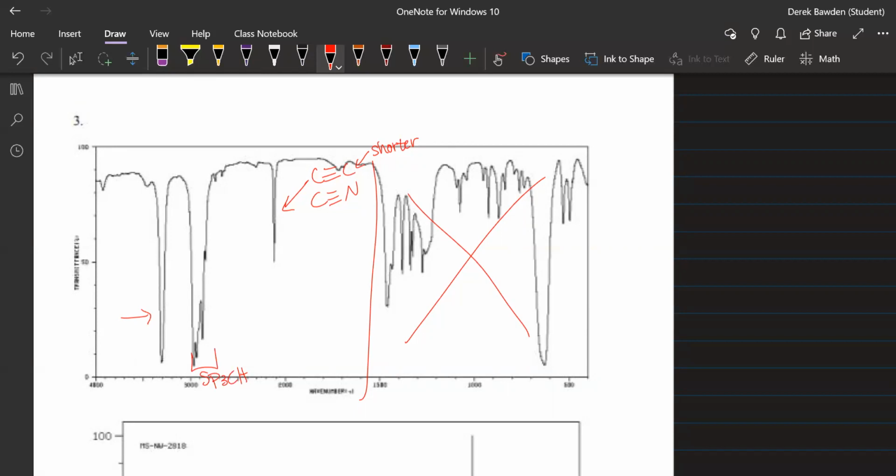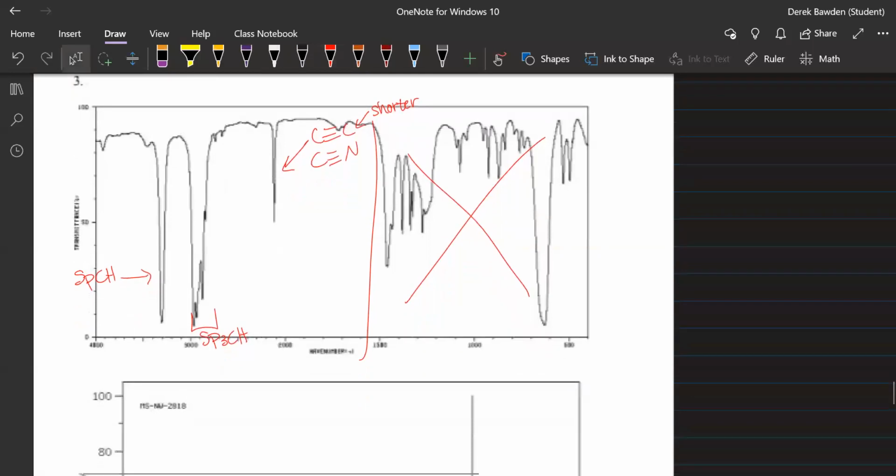Yeah. Nice, perfect. SP CH is a terminal alkyne, terminal triple bond, okay? So just keep that in mind. Again, we're not sure if it's nitrogen or carbon quite yet, but we know it's going to be on the end.